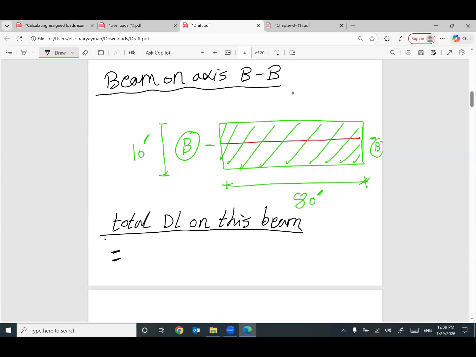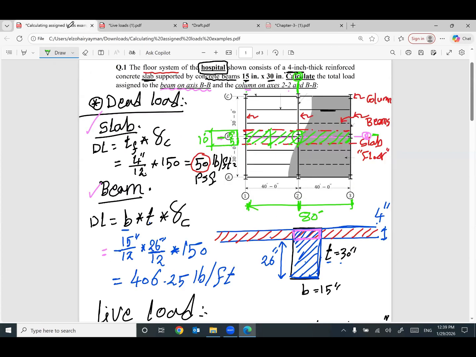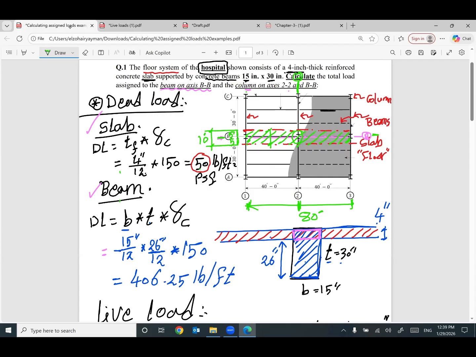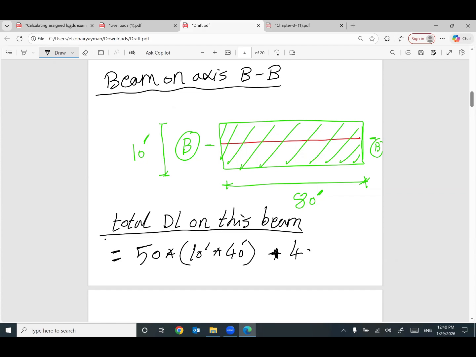It will equal the value of the dead load coming from the slab, which is 50, multiplied by the area assigned to this beam, which is 10 feet by 40 feet, plus the value of the dead load coming from the beam, which is 406.25 times the total length of the beam, 80.